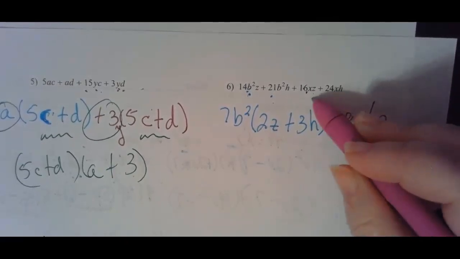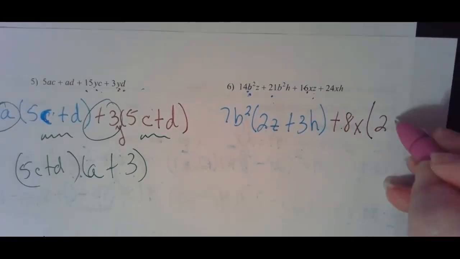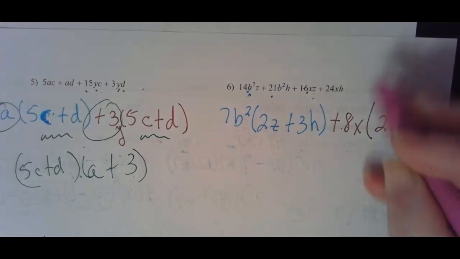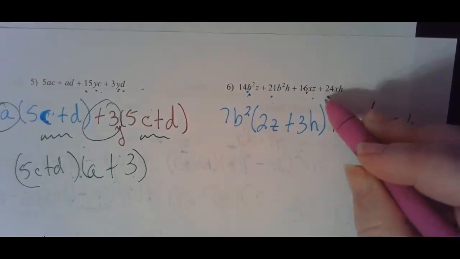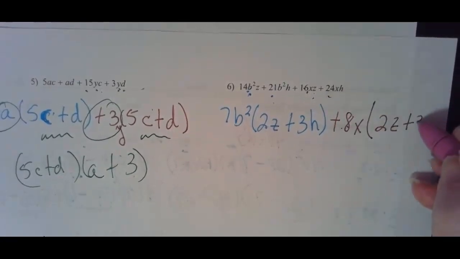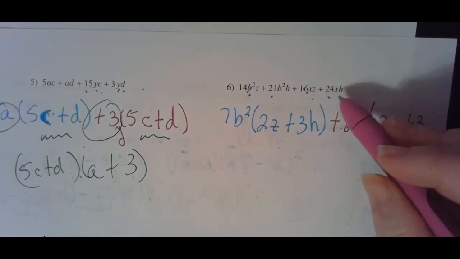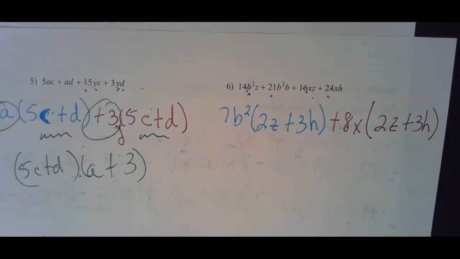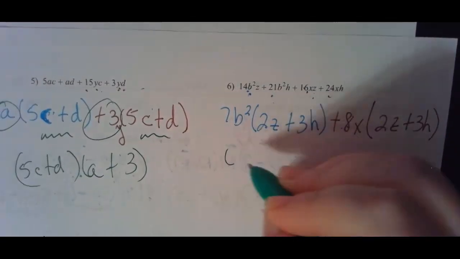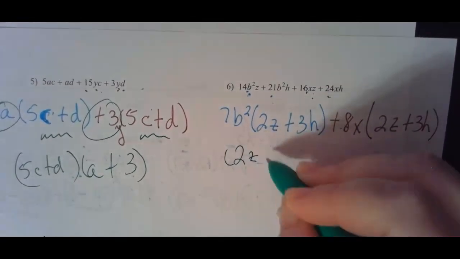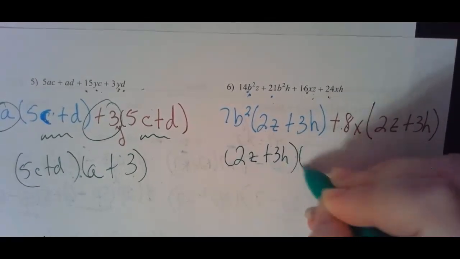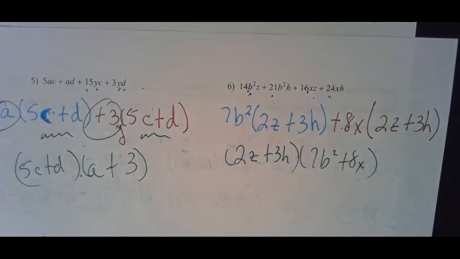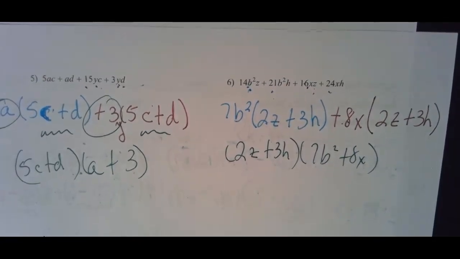When I divide X from XZ, leaves me with Z. When I divide 8 from 24, it leaves me with 3. When I divide out an X from XH, it leaves me with just H. And then again, we're just going to rewrite this as 2Z plus 3H times 7B squared plus 8X. That's about as factored as we can get it.